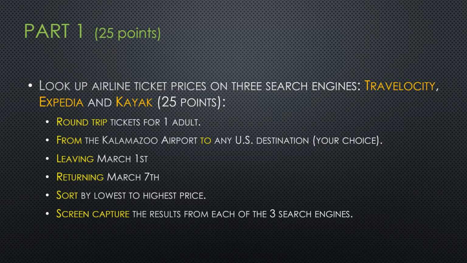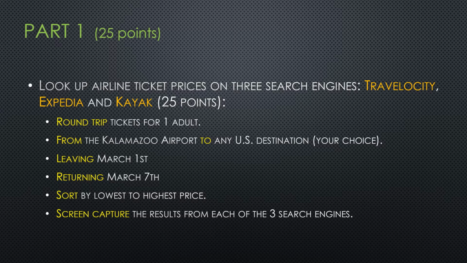This lab has two parts to it. In the first part, part 1, worth 25 out of 50 points, we'll be using 3 different sites, Travelocity, Expedia, and Kayak, to look up flight tickets for a round trip. This round trip will be leaving from the Kalamazoo Airport to any U.S. destination, so you can choose whatever destination you want.